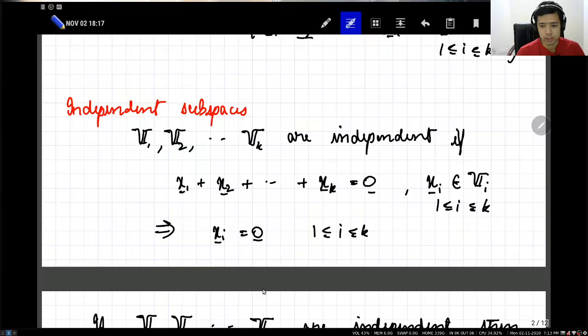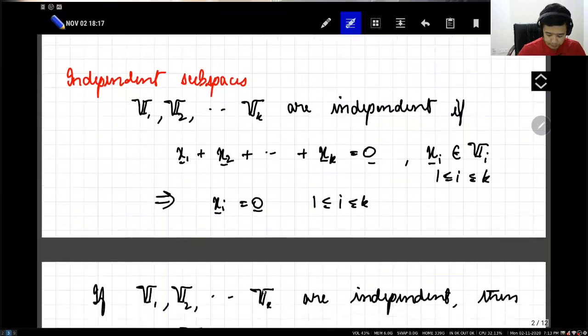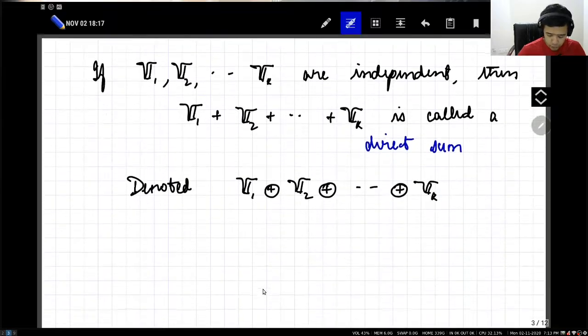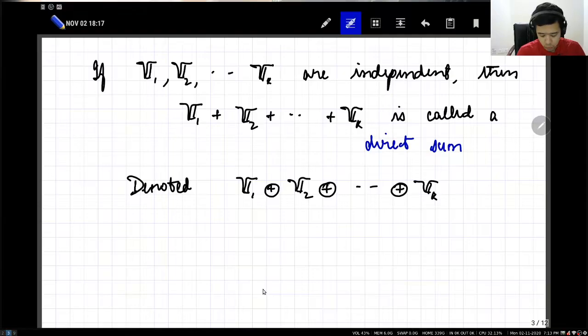So each xi comes from Vi, and the only way that the xi's can sum to 0 is if each xi is equal to the 0 vector. Moreover, if V1, V2 up to Vk are independent subspaces, then the sum of these subspaces is given a special name. It's called a direct sum of these subspaces, and it has a special notation.